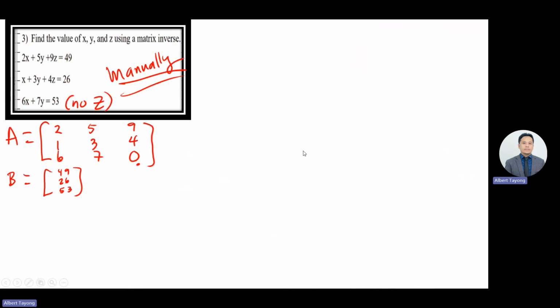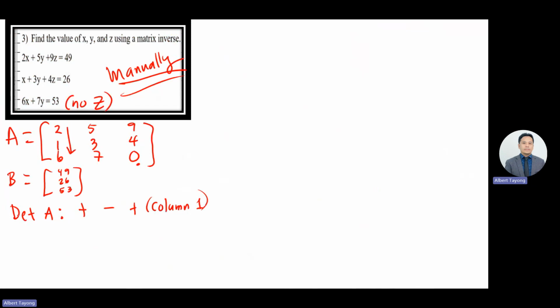All right. Now, the first thing you're going to do is to find the determinant. Okay, the determinant of A uses the plus minus plus signs of column 1 only. You can also use row 1. Of course, it's going to give you the same answer, but it's easier to use column 1, this one. That is 216.